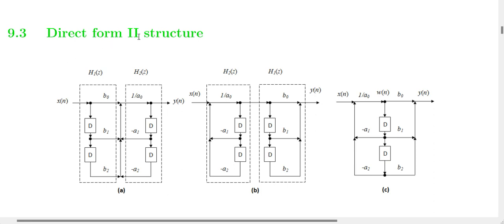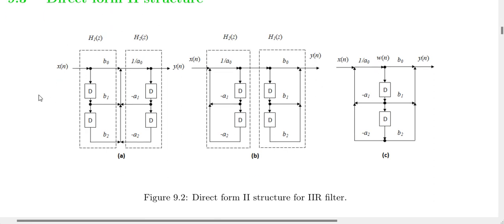Now, direct form 2 structure. We can change the location of the two boxes appearing here, okay? X of n will be the input to the first box, which is called H1 of z, and the second box, H2 of z. Second filter, second transfer function.